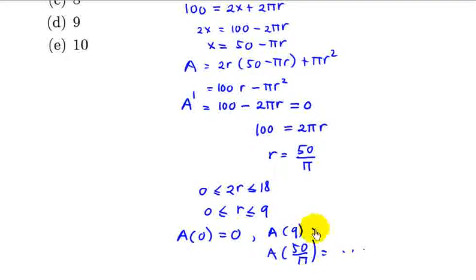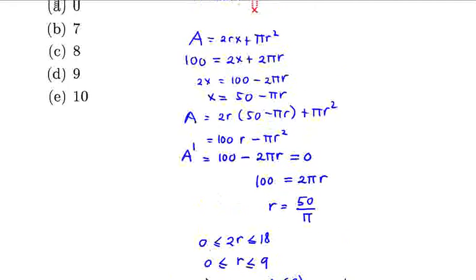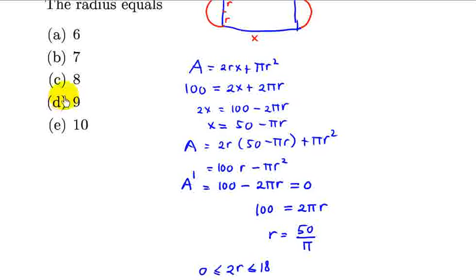Okay, you can check by yourself what A of 9 and A of 50 over pi are, but you will find out that A of 9 is the biggest one, so the answer is 9.